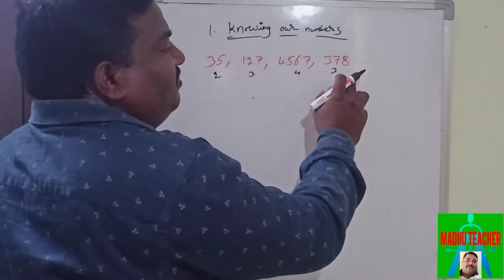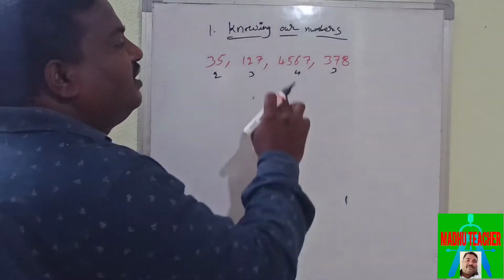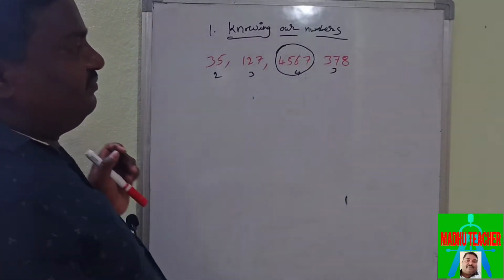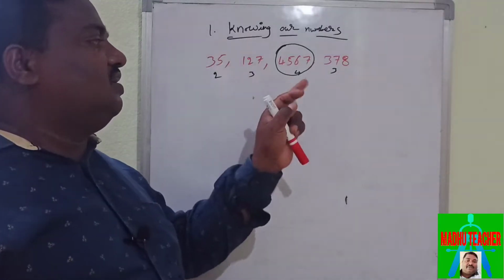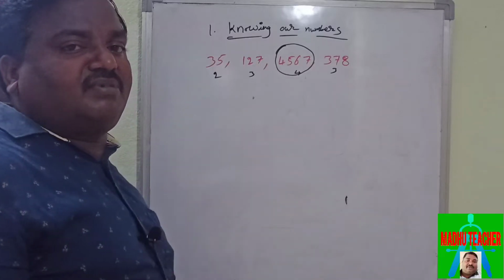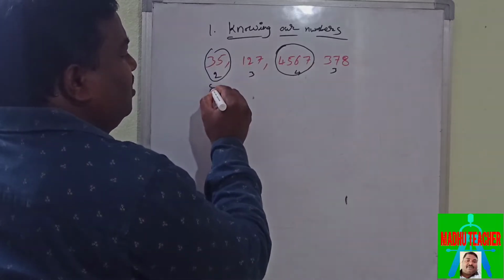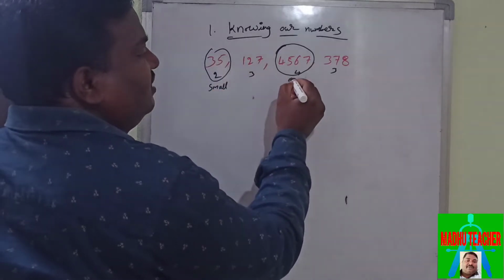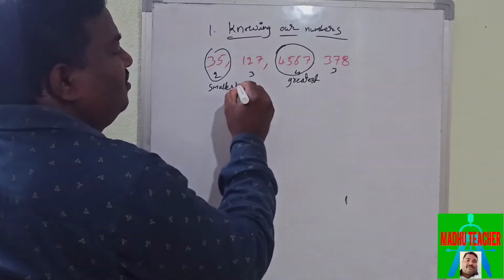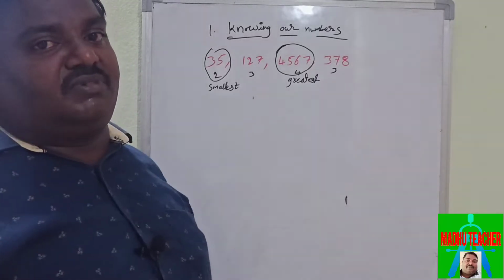The number with more digits is the biggest or greatest number, and the one with fewer digits is the smallest number. Like this we can identify the greatest and smallest number.